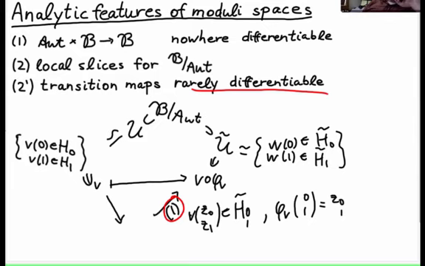And I believe he really tries to formalize in what sense there are local slices and in what sense the transition maps fail to be differentiable. And on some level, this quotient space has a weak Banach manifold structure, and then there's a question whether you can work with that, talk about sections over that.